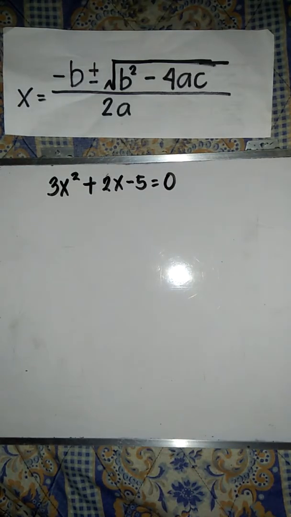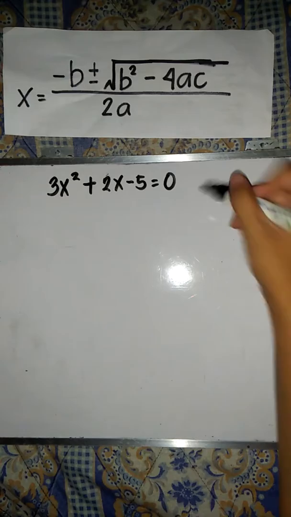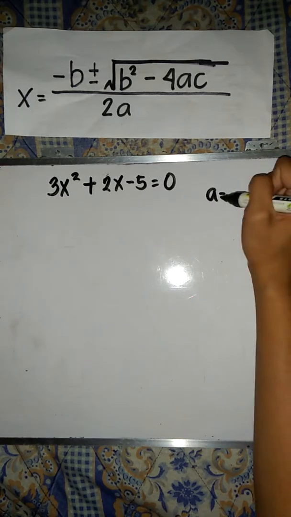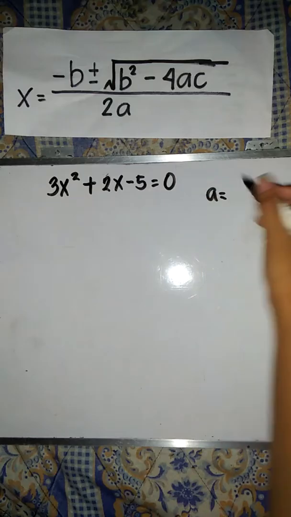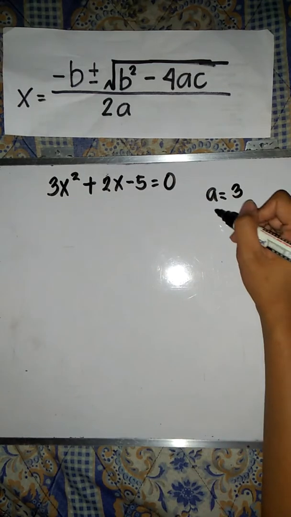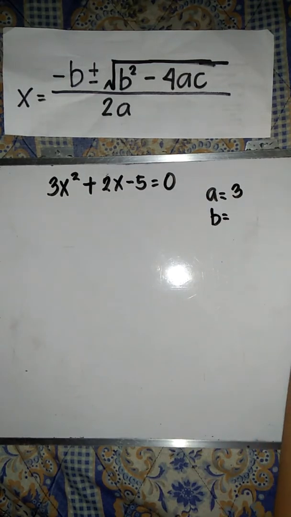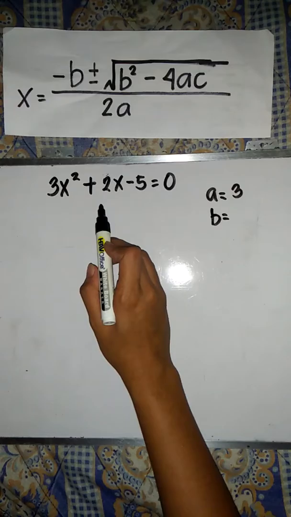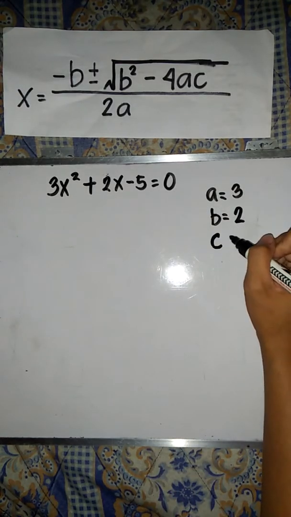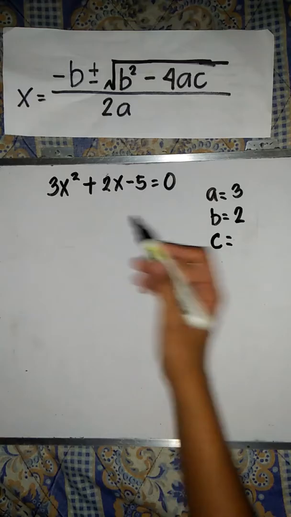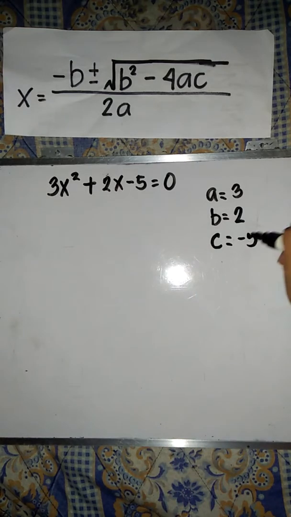So we have to determine the values of a, b, and c. So a is the numerical coefficient of the first term, which is 3. Then b is the numerical coefficient of the second term, which is positive 2. And c is the constant, which is negative 5.